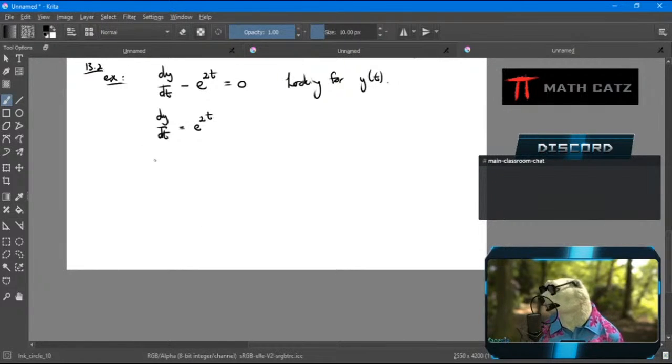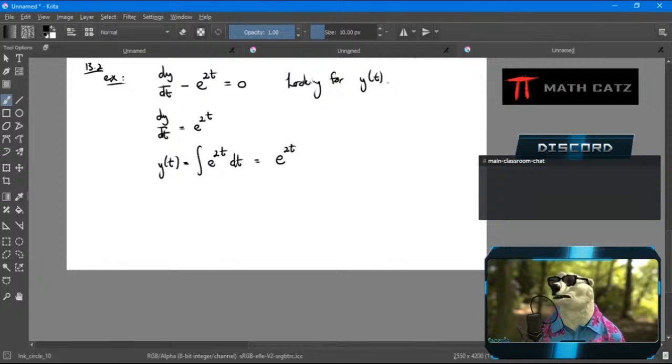So the differential equation is just a different spin on the antiderivative question. So I'll set it up in my antiderivative language, and I can then reverse engineer e to the 2t.